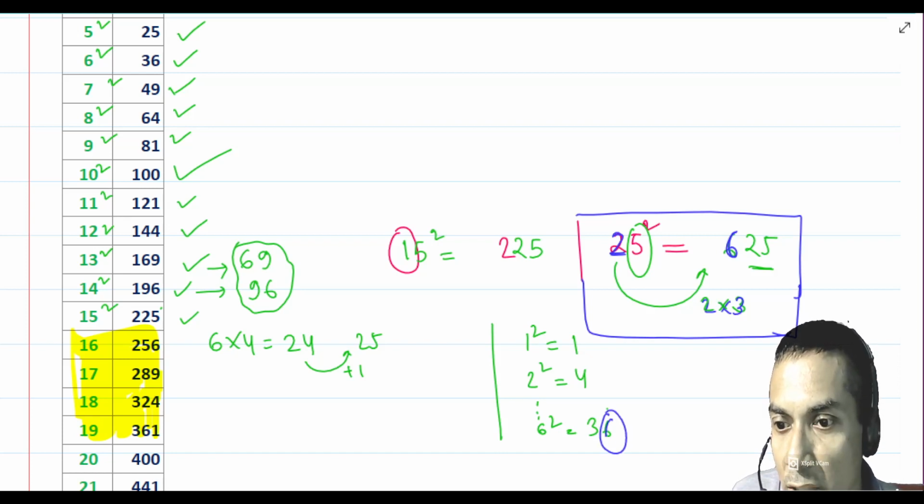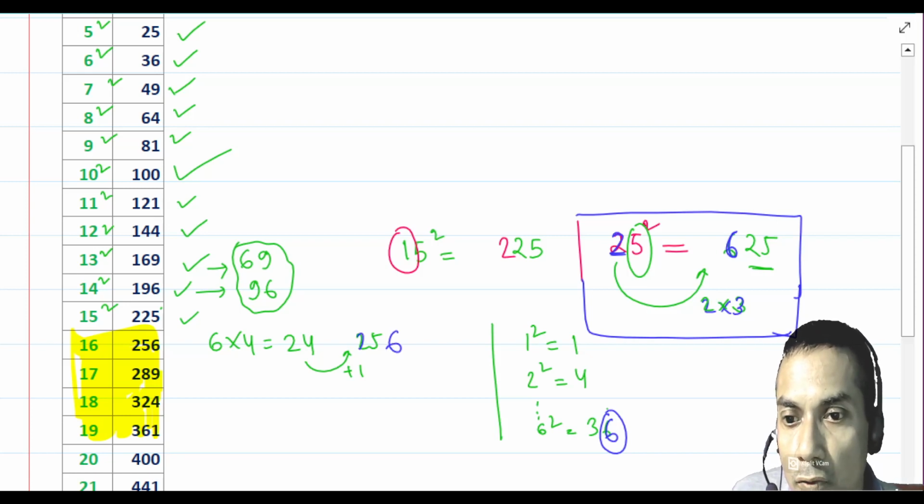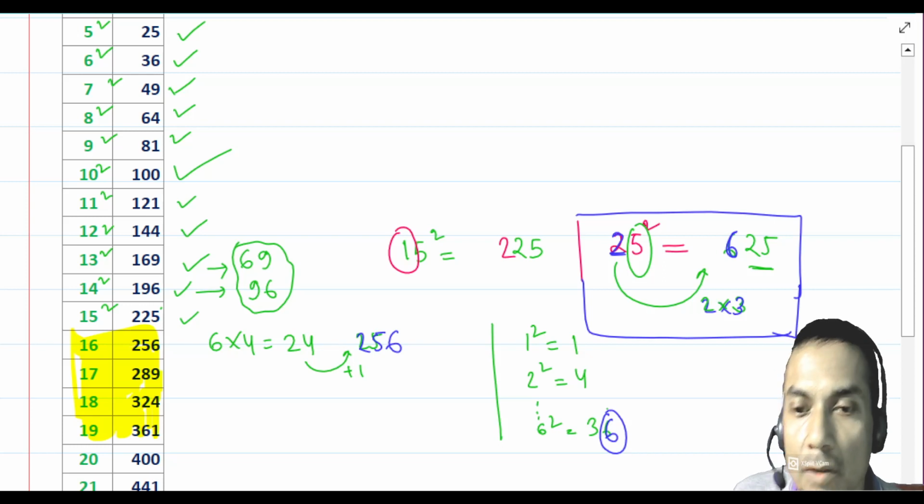So for the unit place it is easy to find out, no need to remember. Here 6 into 4 is equal to 24, you add 1, you get 25, and in the unit place put the value 6. So 256, 16 square is 256.